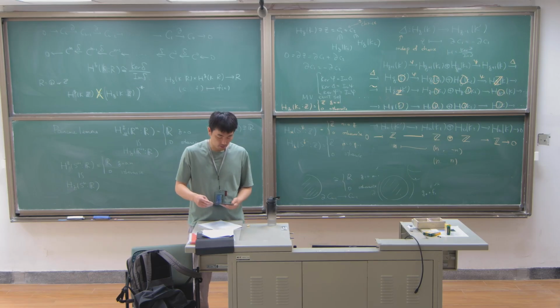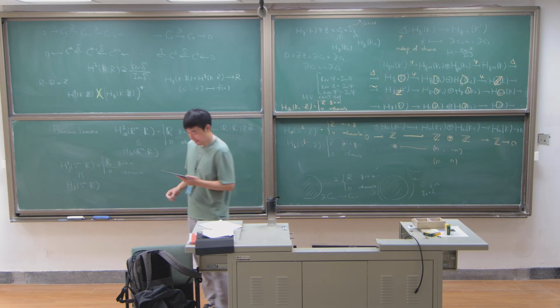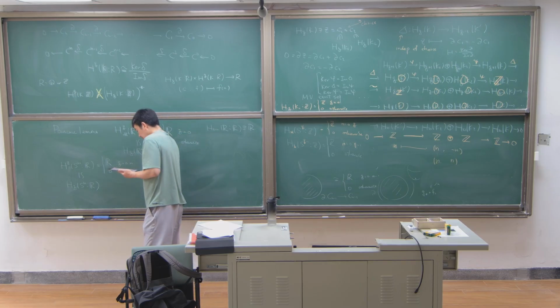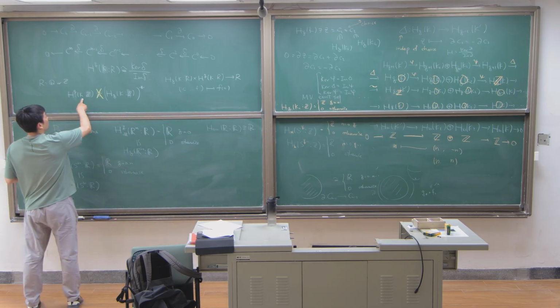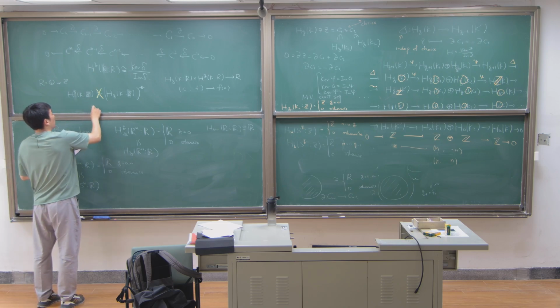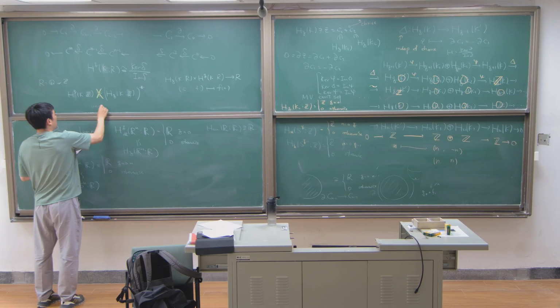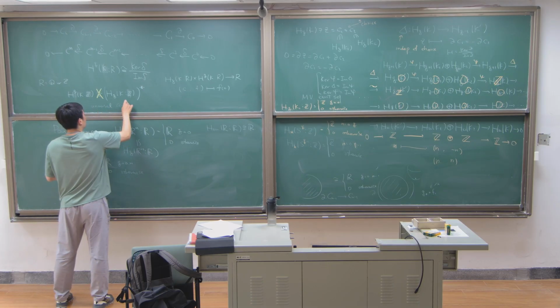But in a ring, not necessarily, you have an inverse. So to get the information of the homology group with Z coefficients from the homology group, you need the so-called universal coefficient theorem.